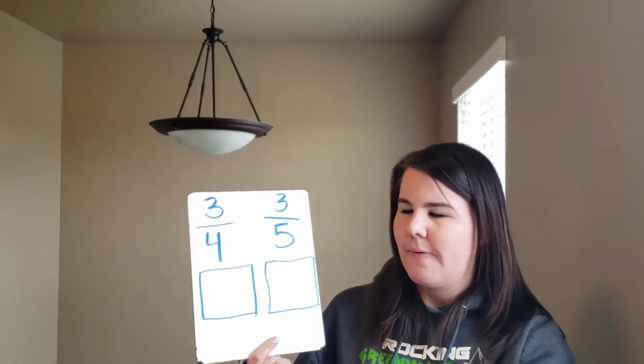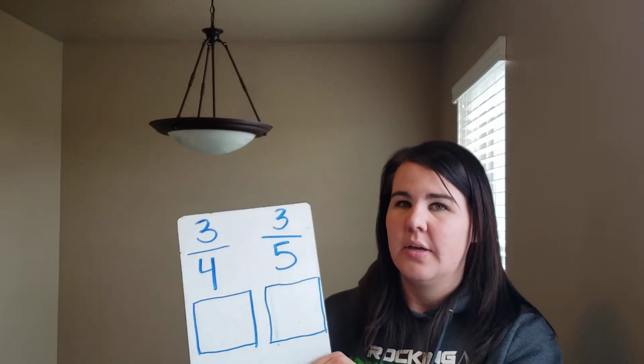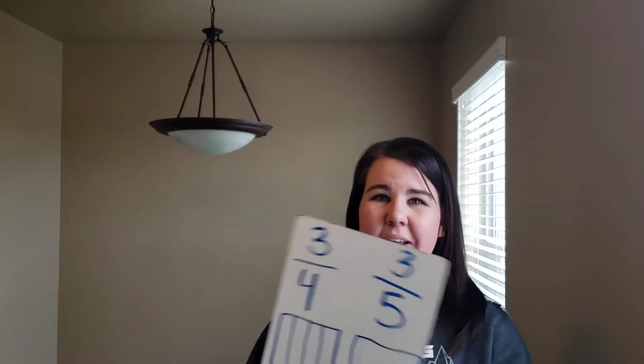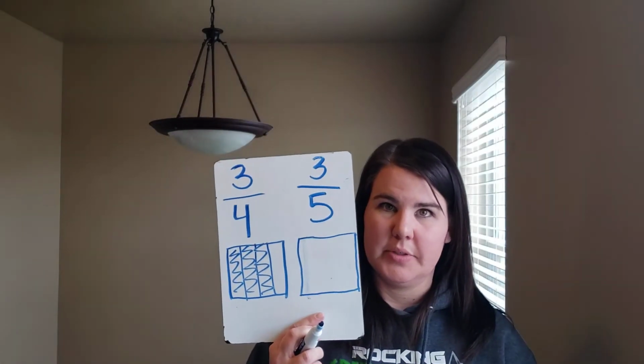I'm going to divide this first one into 4ths, and I'm going to draw the lines vertically or up and down. And then I'm going to color in 3 of those 4ths. Boom, 3/4.